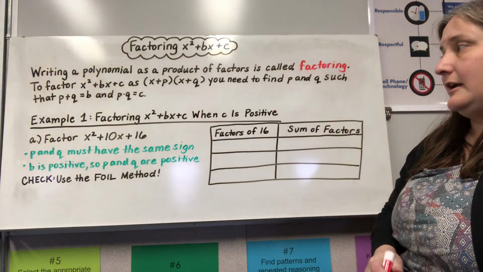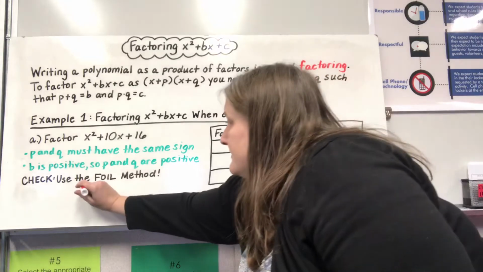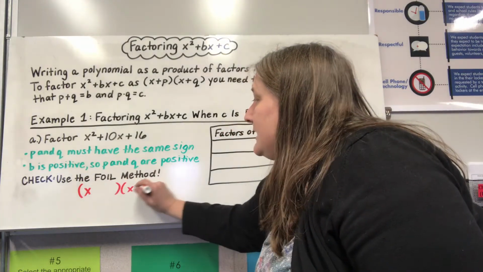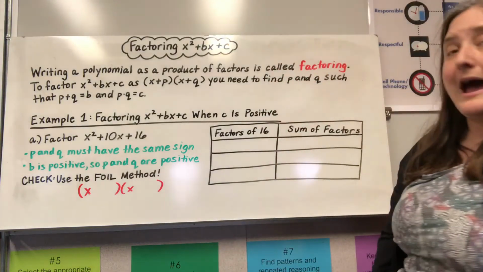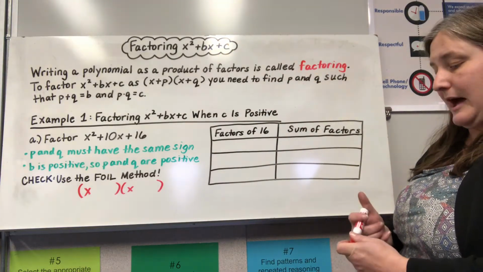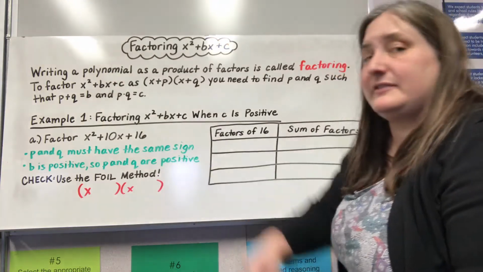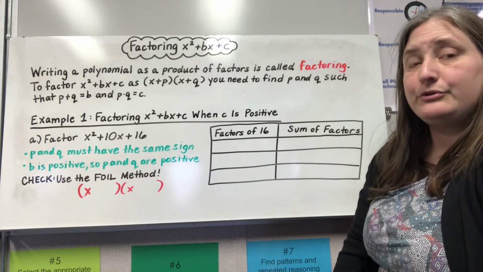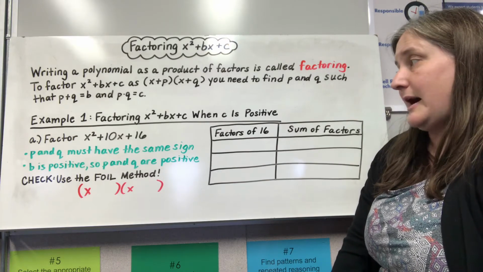I know that when I'm factoring it, the values of p and q will have to both have the same sign, because when we multiply them, we're getting positive 16. So two positive numbers multiplied together or two negative numbers could give you a positive answer.